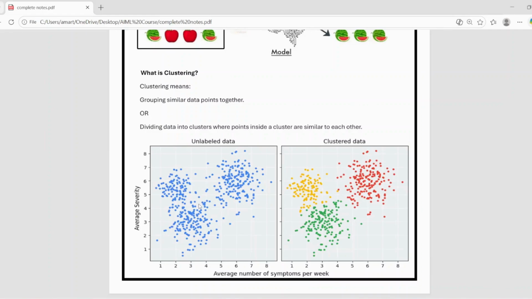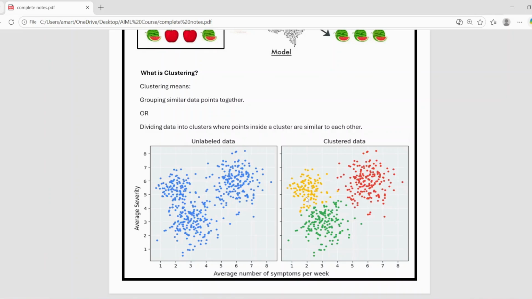So it found that these inputs are similar to each other. It made a cluster of yellow. It made another cluster of green, which has different properties from yellow, and also one for the red, with different properties from these two.